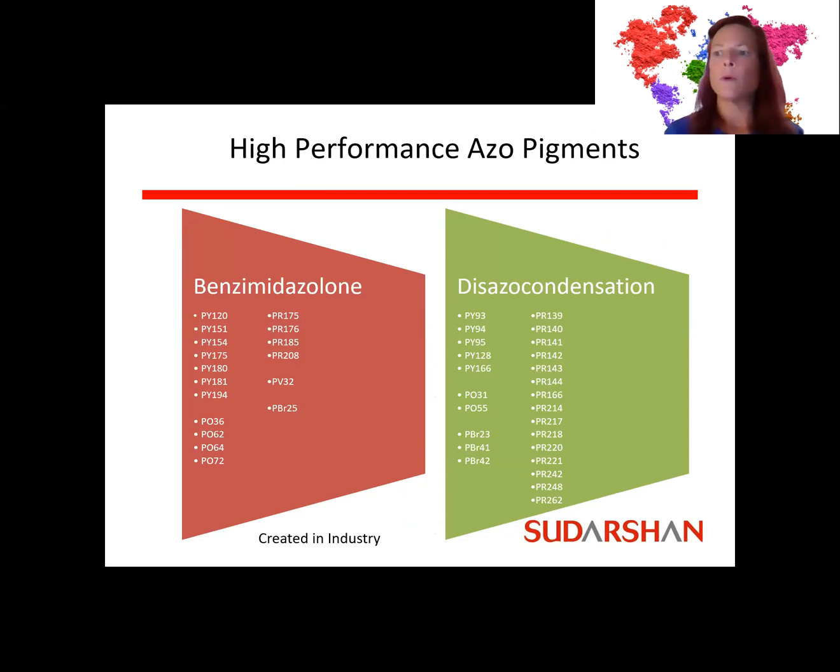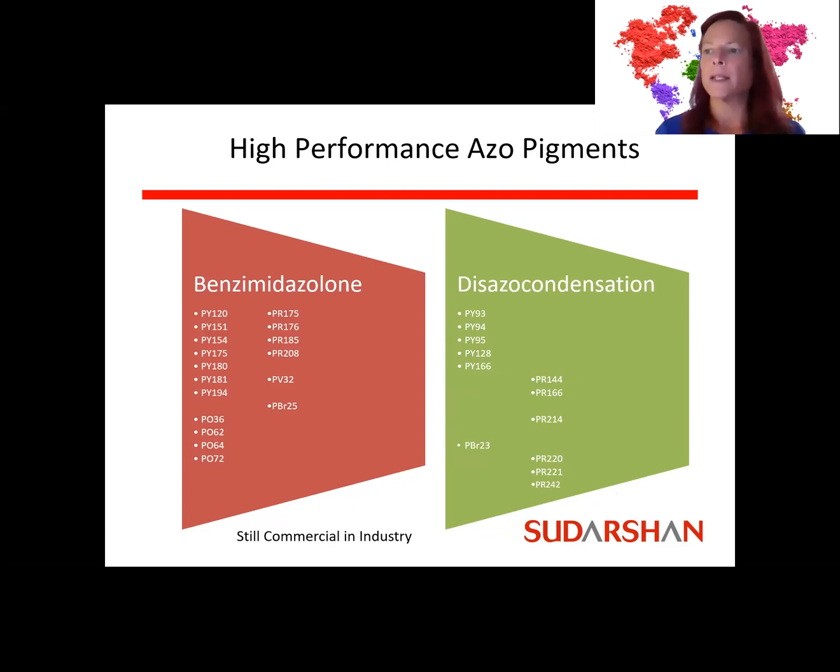These are those that were at one time created for the pigment industry. However, just like everything else, some of these go by the wayside and are not valued in the industry, so they are taken out of the industry. On the second screen, I'm leaving in each category those color indexes that are still commercial in the industry.